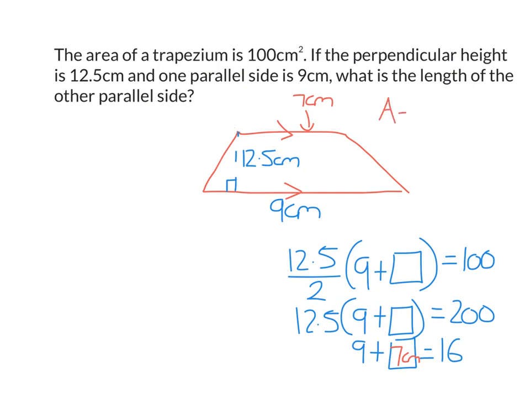Because when I find its area, if I add the two parallel sides, I get 16. Then if I times that by the perpendicular height, which is 12.5, I get 200. So when I divide it by 2, I'm going to get an area of 100. So the only possible value for this other parallel side is 7 centimeters.